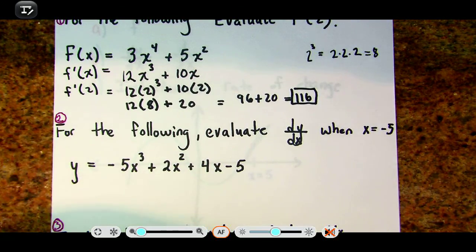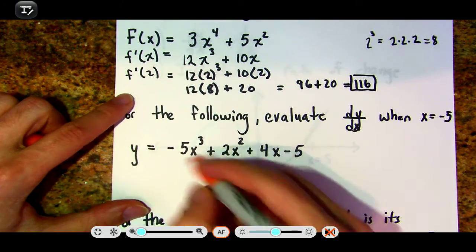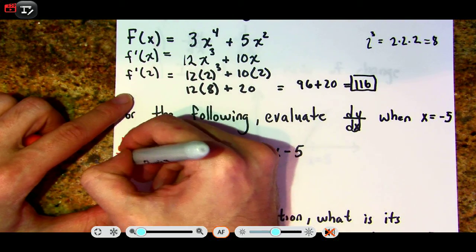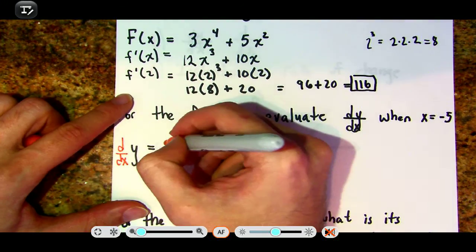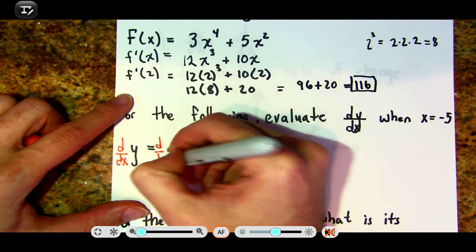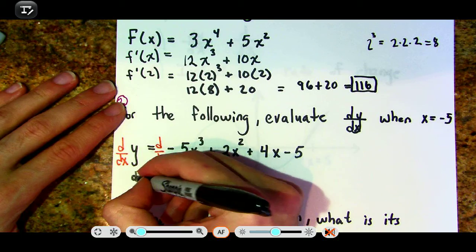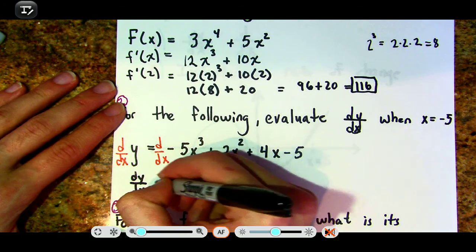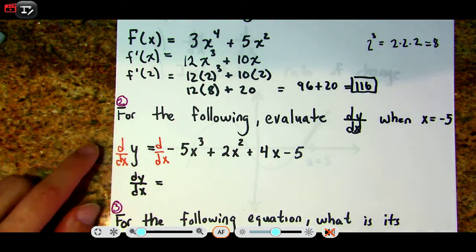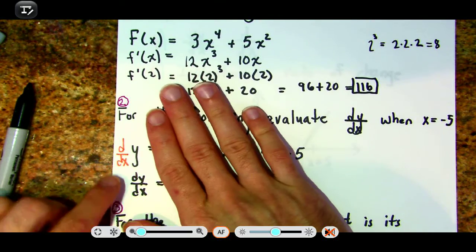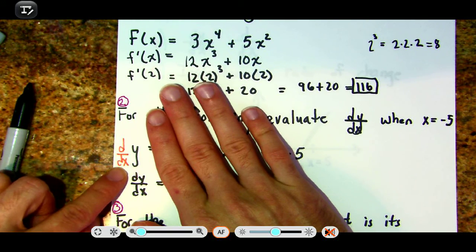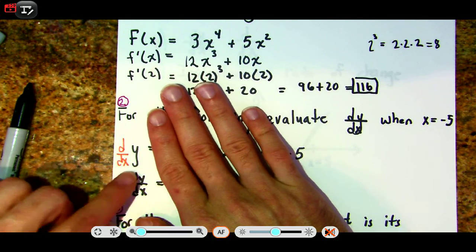What you're allowed to do is you say, hey, let me take d dx on both sides. So d dx on both sides. And basically what this becomes is we have dy dx is just equal to, so when you take the derivative of y with respect to x, we just have dy dx.